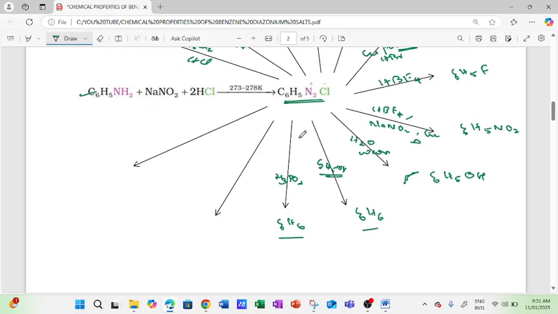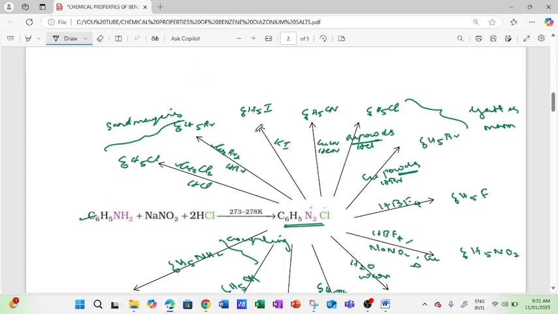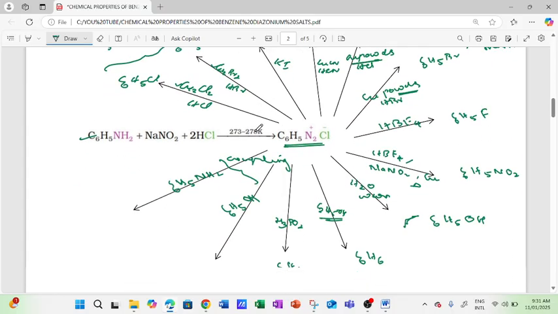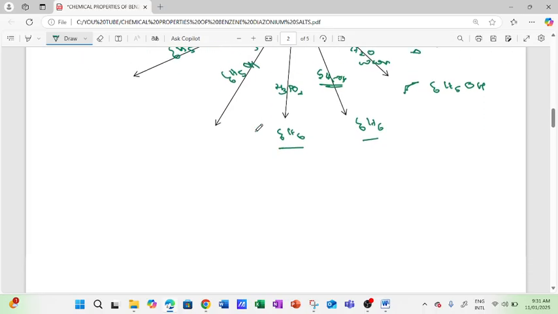The next two reactions are similar: either we add C6H5NH2, aniline, to the diazonium salt, or we add C6H5OH, phenol, to the diazonium salt. These two reactions are called coupling reactions. So in this mind map itself there are three named reactions: Sandmeyer reaction, Gattermann reaction, and now the coupling reaction. I'll explain the coupling reaction in detail.